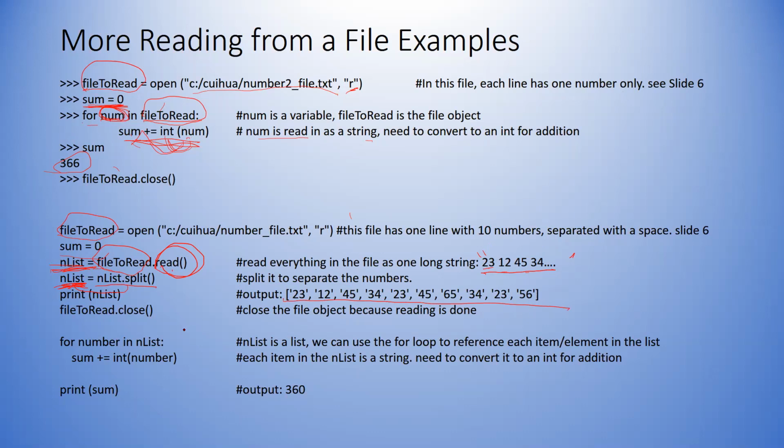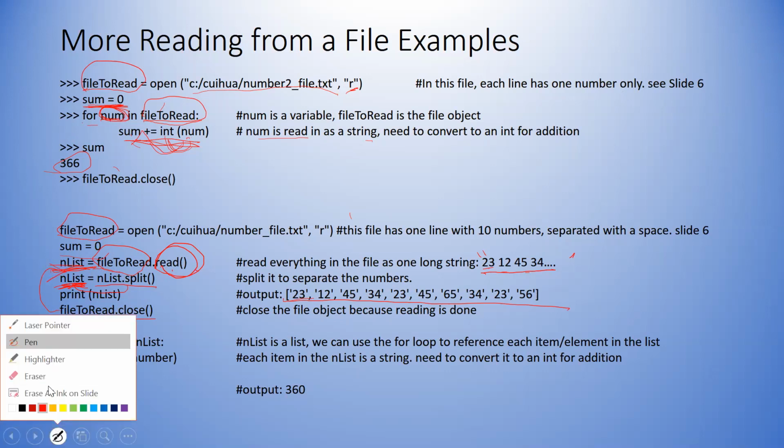Once it becomes a list, you can do anything. You can get each one of them, use the sequence, use the for loop, for example. So you can close the file. Now we are done with the file. Once you read it, you are done with the file, so this file close can actually go there. Once you finish reading, you are done.